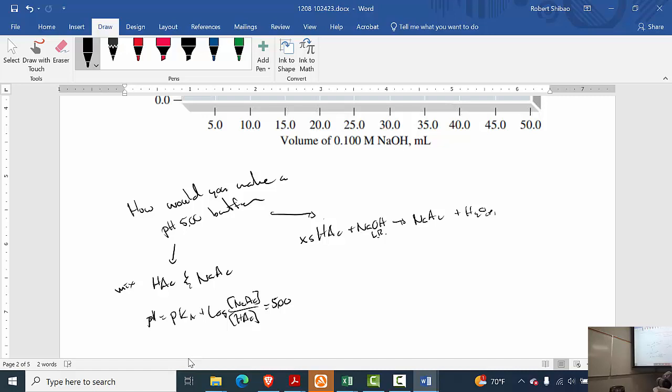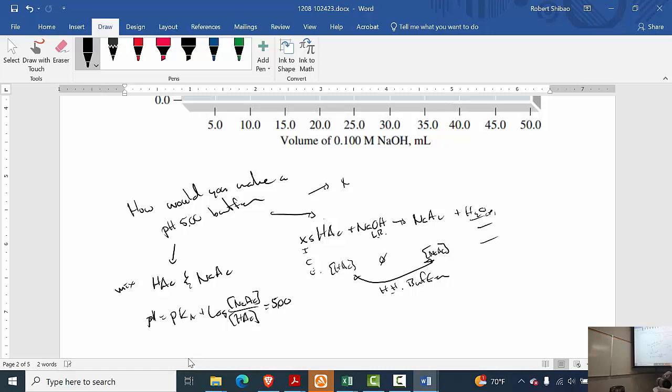And so if the sodium hydroxide is the limiting reagent, then at the end of this we're going to have some HAc, and we're going to have 0 sodium hydroxide, and we're going to have sodium acetate. And so we end up with a mixture. This is an HH buffer. And so we just keep adding sodium hydroxide until we get to the desired pH. You could do that with a pH meter.